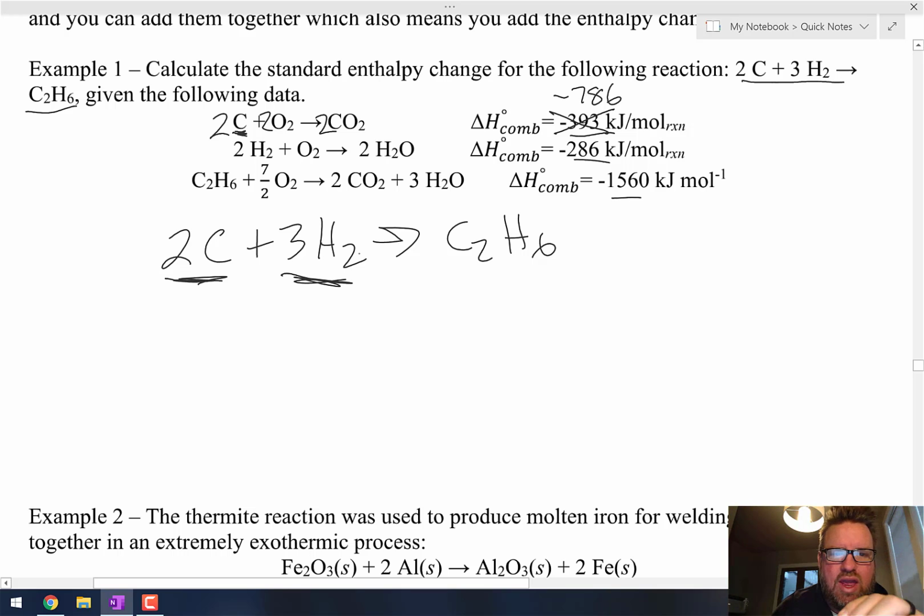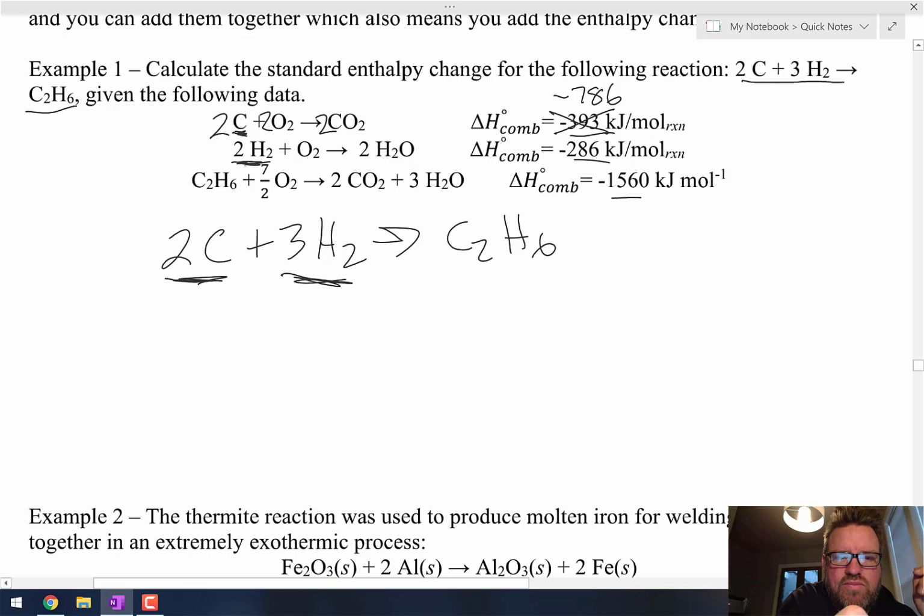Okay, and then I go to the next part of my reaction. I need 3 hydrogens. Now, if there's hydrogen in multiple places, then we're going to have to mess around with it a little bit to make sure that we do it correctly. But again, the only place I see hydrogen is right here, and it is a reactant. Because if it wasn't, then we would have to flip that equation, which we'll see in just a minute.